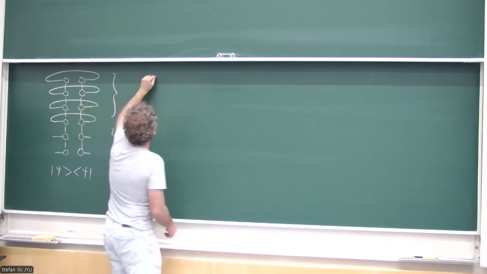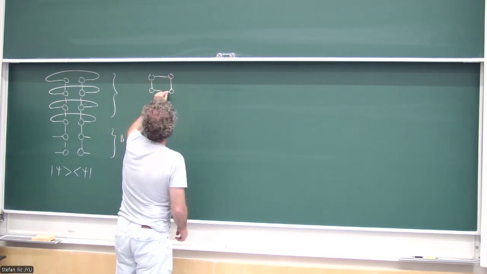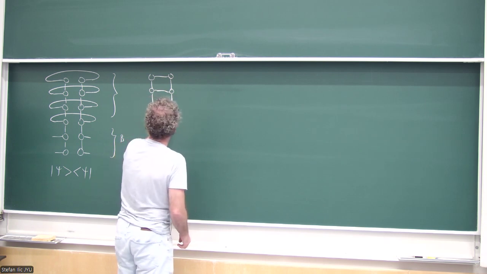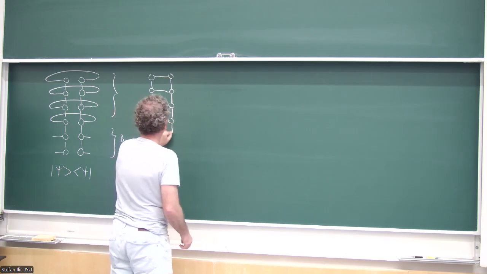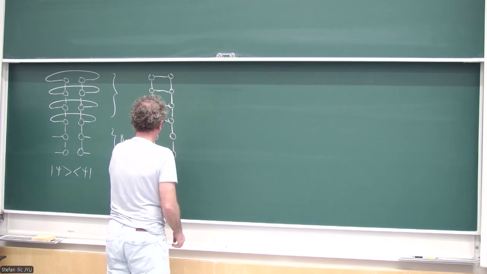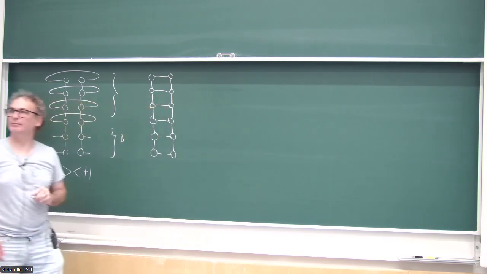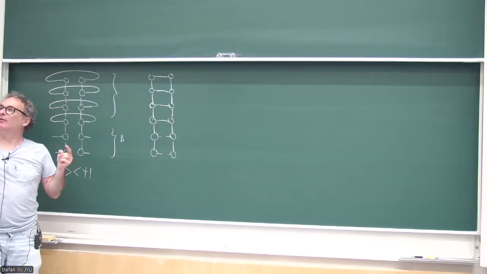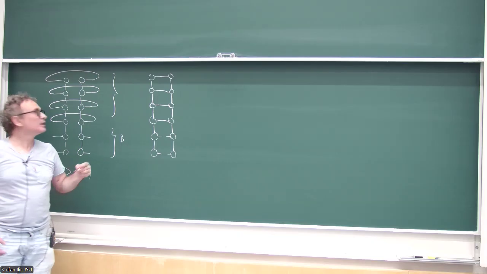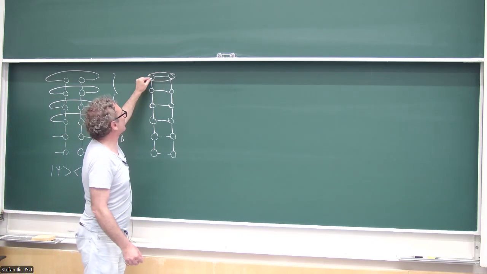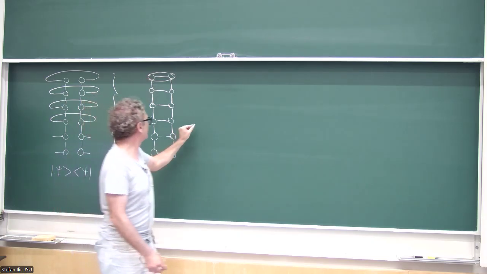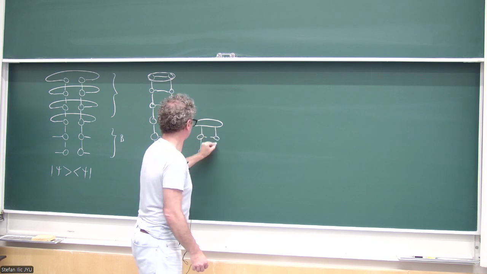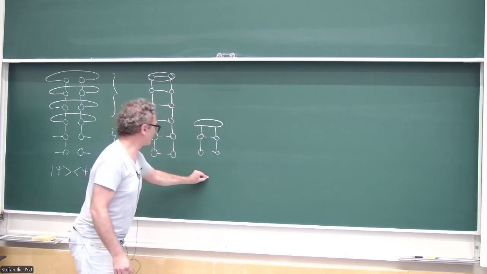Usually it's written more like this. And you have seen already in several of the contractions that I've done that when you have something like that, you contract here, and then you continue until you get essentially something like that. So this is a reduced density matrix, rho B.